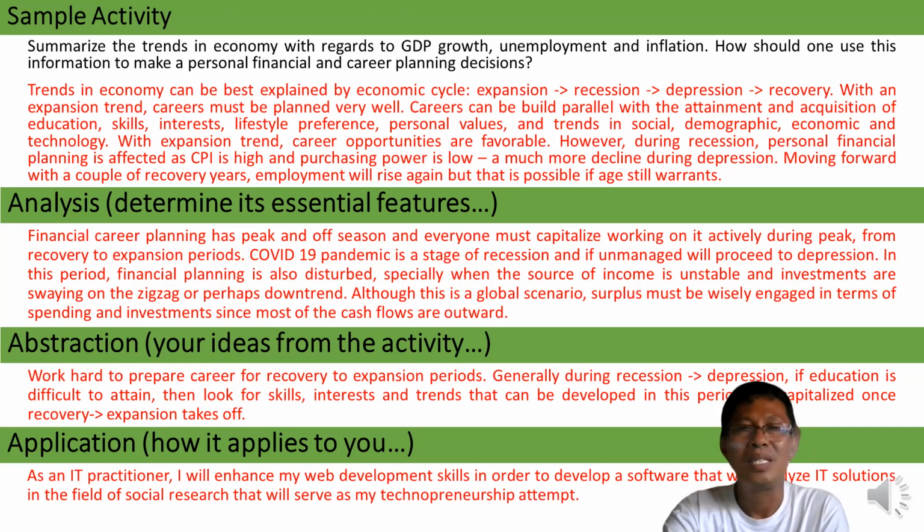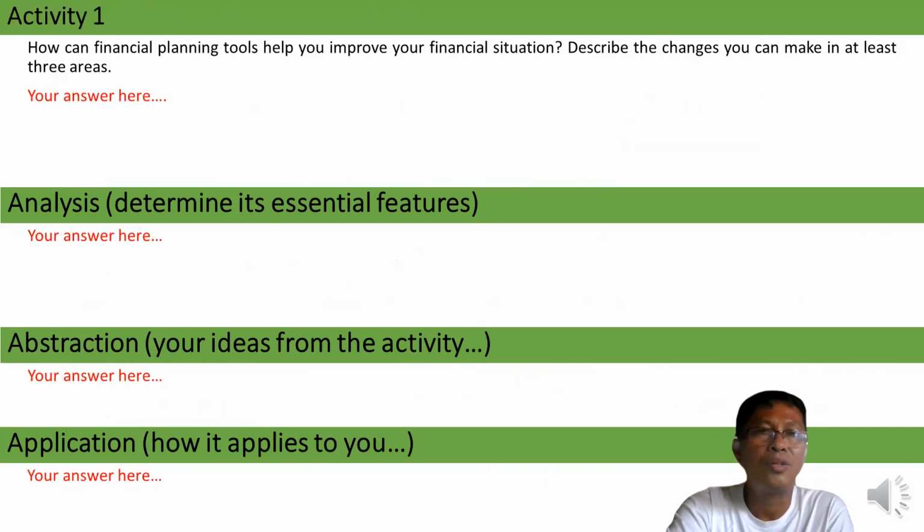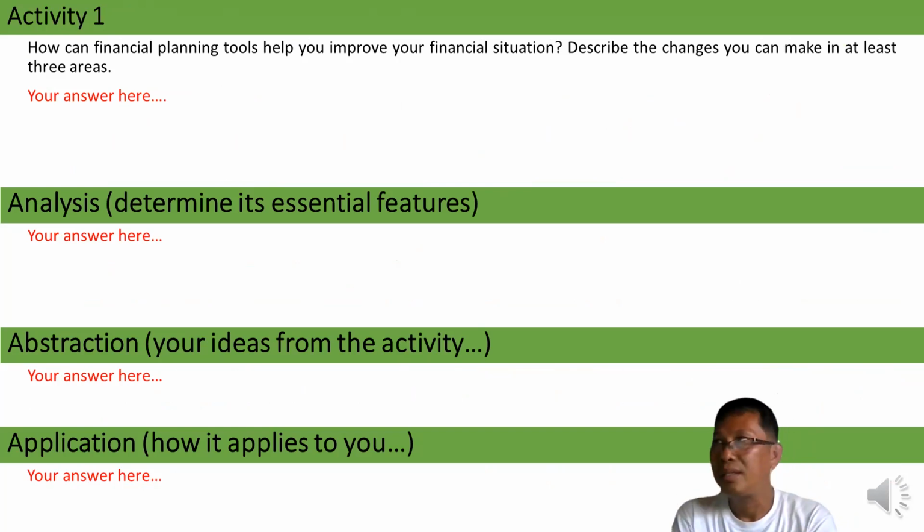Diba? Then proceeding with the next slides, here is your activity. How can financial planning tools help you improve your financial situation? And describe the changes you can make in at least 3 areas. Huwag na tayong gumamit ng iba pang page. Short answers kasi I don't like lengthy answers.